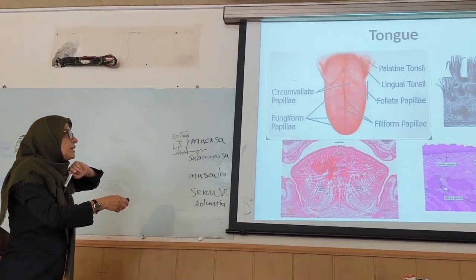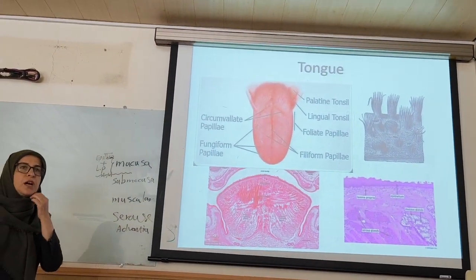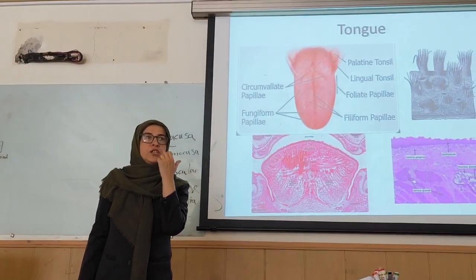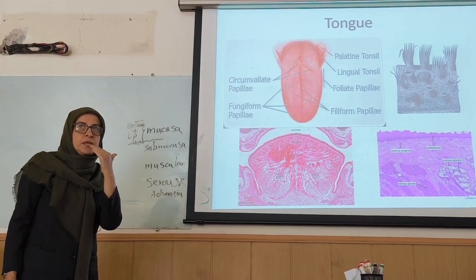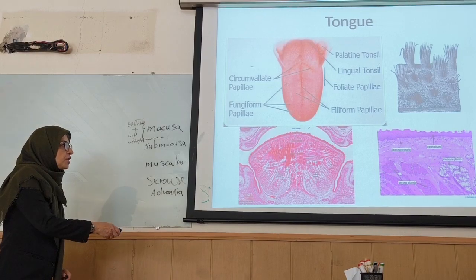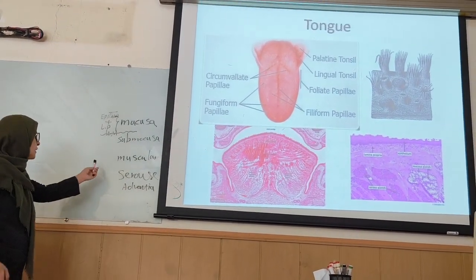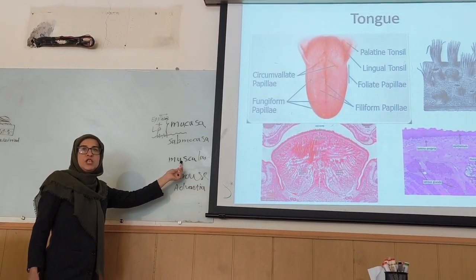The dorsal surface, or the superior surface, of the tongue is rough, that we can touch it in our tongue, and the inferior surface is smooth. The third layer in the structure of the tongue is the muscle tissue.